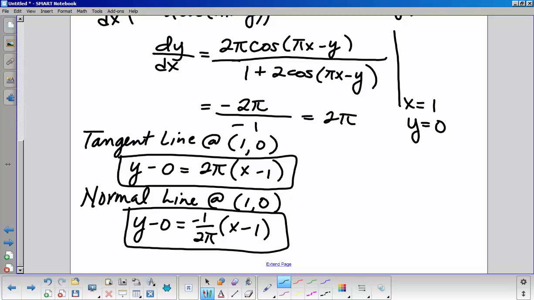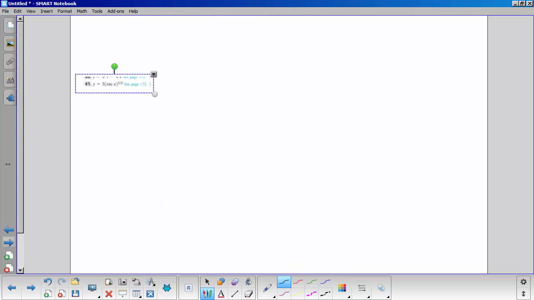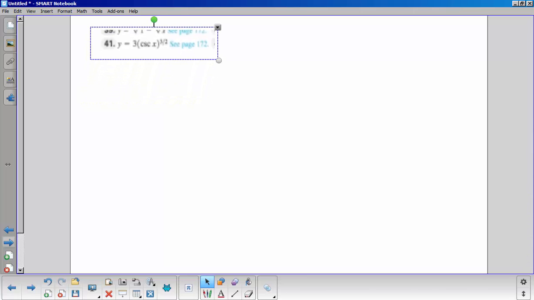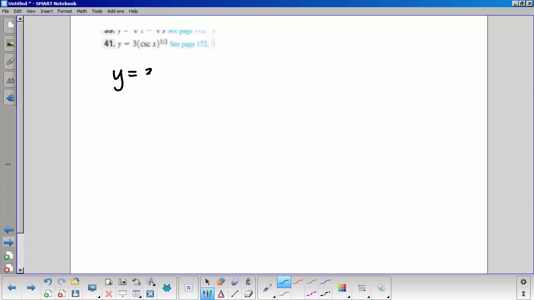All right. On 41, what do they want us to do? dy dx. So y equals 3 times the cosecant of x to the 3 halves. So dy dx here is equal to, what do we have to do? This is a power combined with a chain.